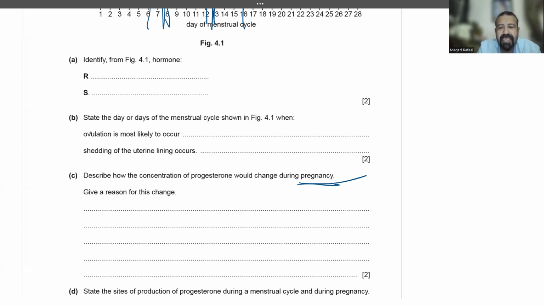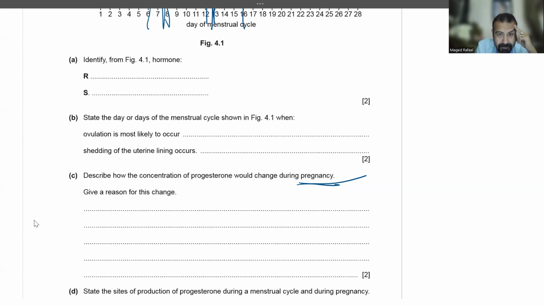During the pregnancy, and it is 2 marks. What will happen? Do I need a thick layer for implantation? It will increase gradually because we need to implant the embryo in the uterus.